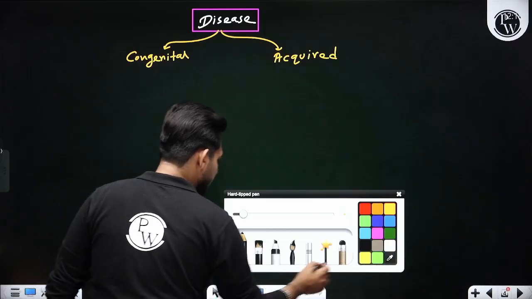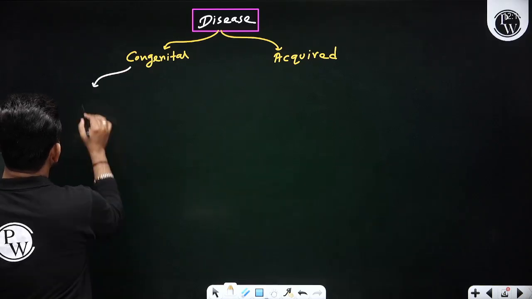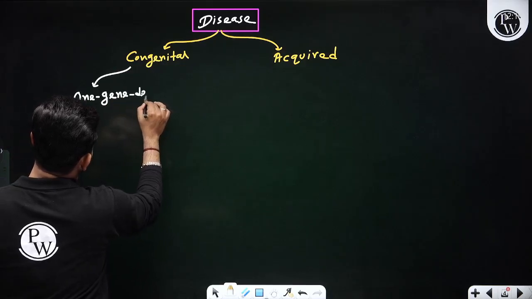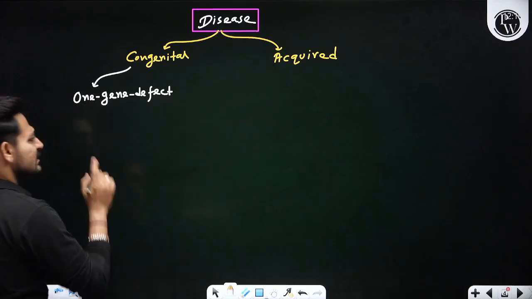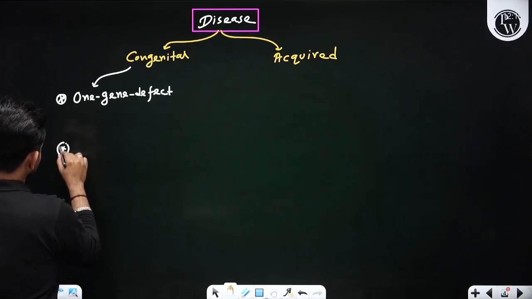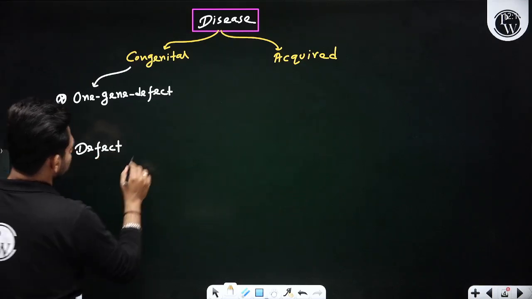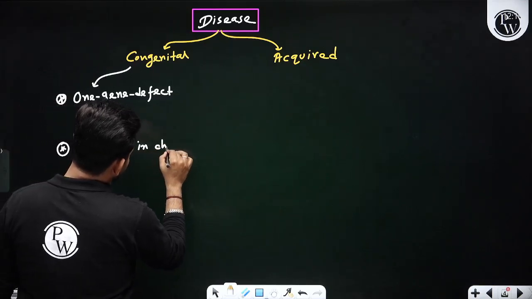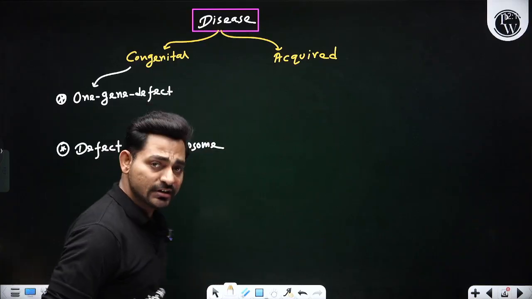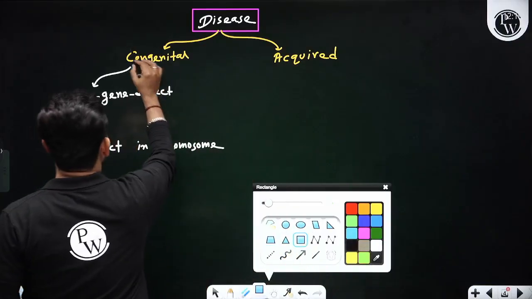Congenital disease can be a single gene defect, or a defect in chromosome, or chromosomal aberration.